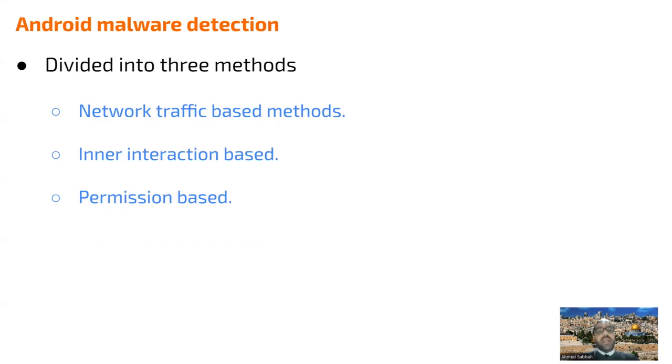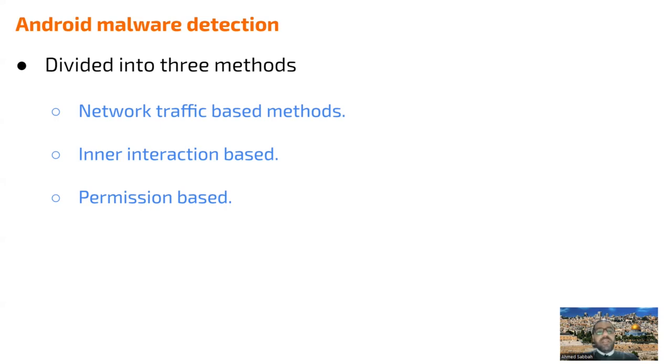Some studies monitor this traffic to see if it contains sensitive data, for example, if the traffic contains terms like IMEI. This is an indicator that if sensitive data goes out from the mobile, there is a malicious application.